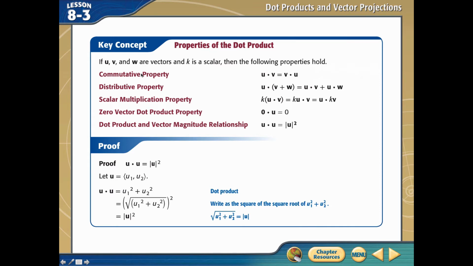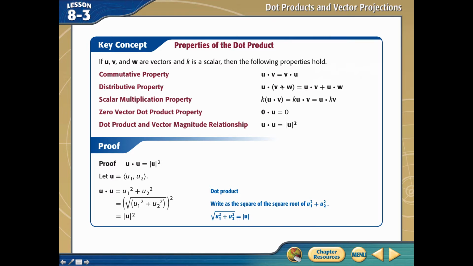Okay, properties of a dot product. This may make sense without even talking about it, but we're going to talk about it. Order doesn't matter. It's a commutative property: u dot v is v dot u, and that's because you're taking the x terms, multiplying them together, the y terms, multiplying them together, and adding them.